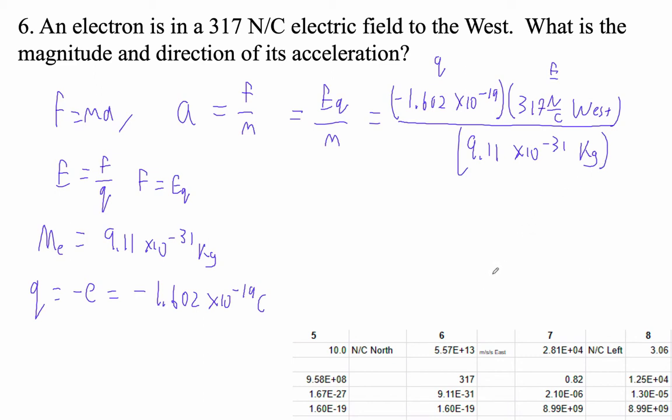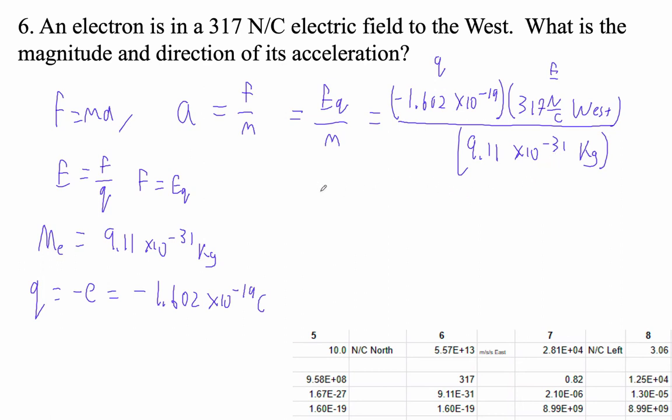So let's do this. Opposite of 1.602 E minus 19 times 317 divided by 9.11. You can see that this is going to be a tremendous number, because the mass is so small.